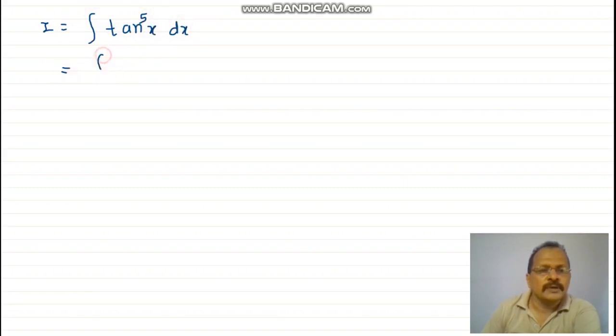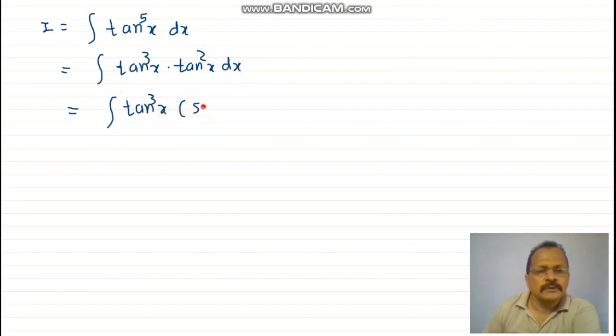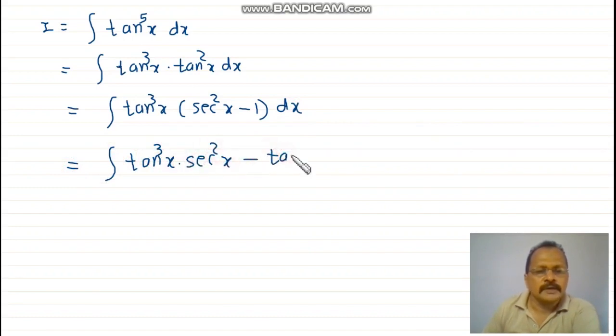This is equal to integration tan cube x into tan square x dx, equal to integration tan cube x into sec square x minus 1 dx, equal to integration tan cube x into sec square x minus tan cube x dx.